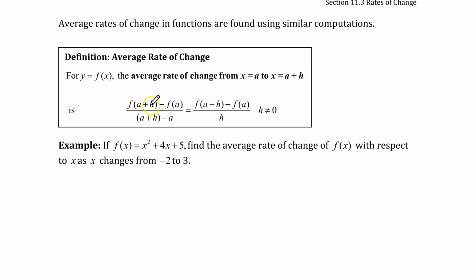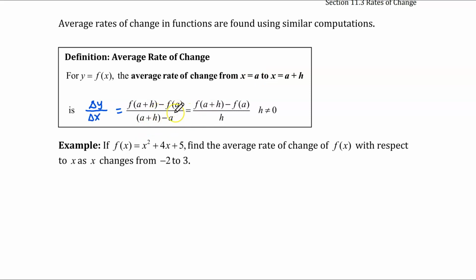You have f of a plus h minus f of a. That is the change in your y values, or f of x. And the denominator is the change in x. It's a plus h minus a. This is the change in x.